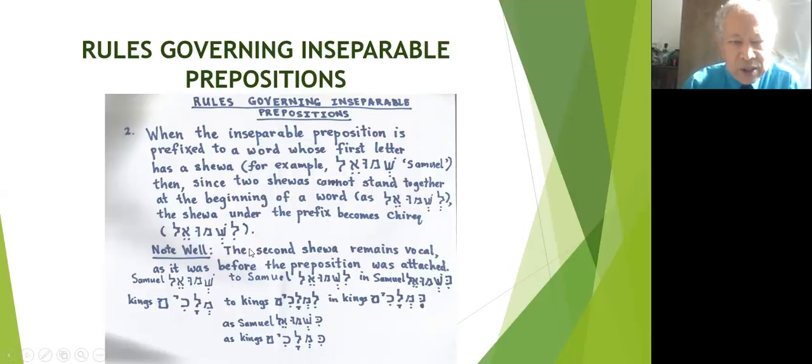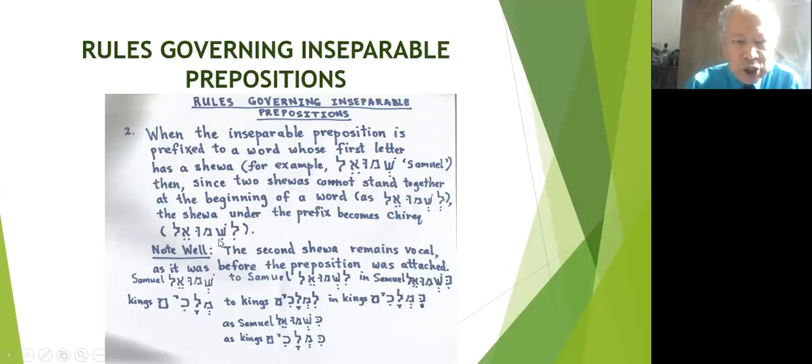And that is that when you have that inseparable preposition with the simple schwa under it, the preposition loses the simple schwa, and the simple schwa is lengthened to a short I sound, and you hold on to the simple schwa which is at the beginning of the noun. So you have li Shemuel, not lishmuel.